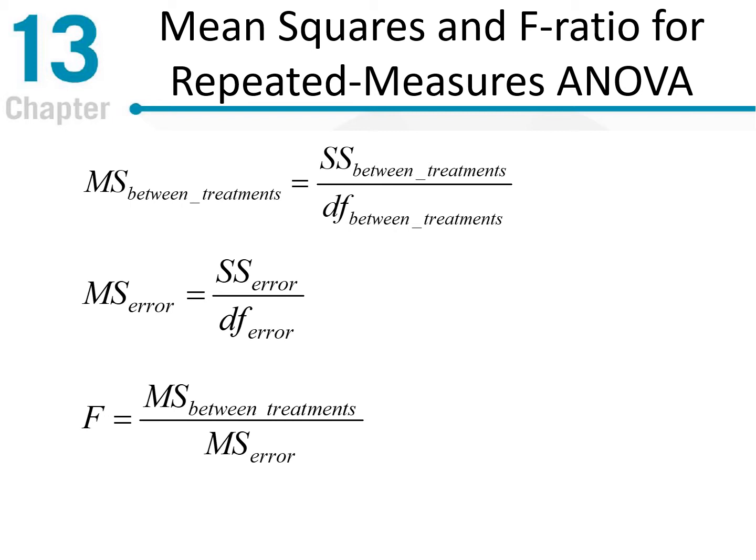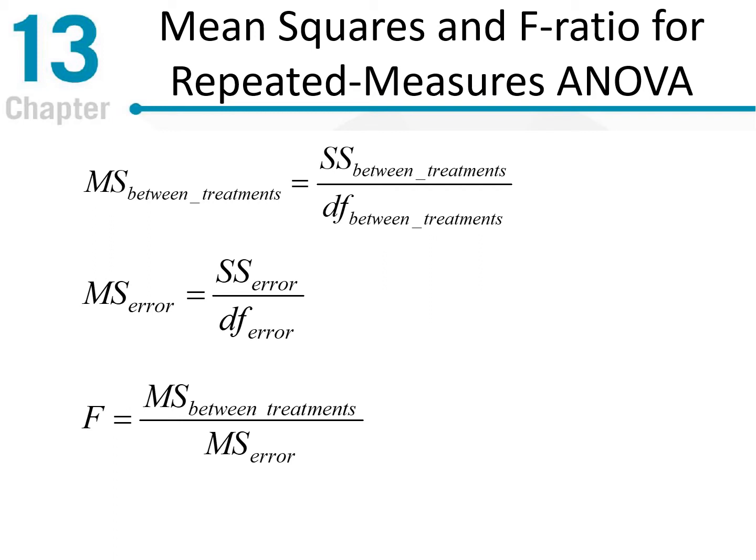Now, to find the mean squares, which are variance estimates, the mean squares between treatments is the sum of squares between treatments divided by the degrees of freedom between treatments. The mean squared error is the sum of squares error, which you got when you did sum of squares within minus sum of squares between subjects, the individual differences.